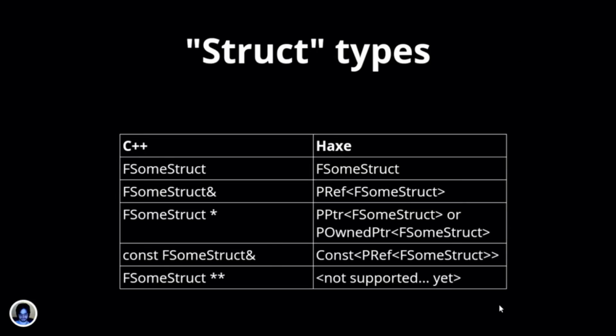So when you're using struct types, you have to define those PRef, PPointer, and you can use a lot of them, like const PRef or const pointer to const struct. But you can't use PPointer of PPointer yet, because these types are just annotations. You can see that their implementation in Haxe is actually just a typedef.